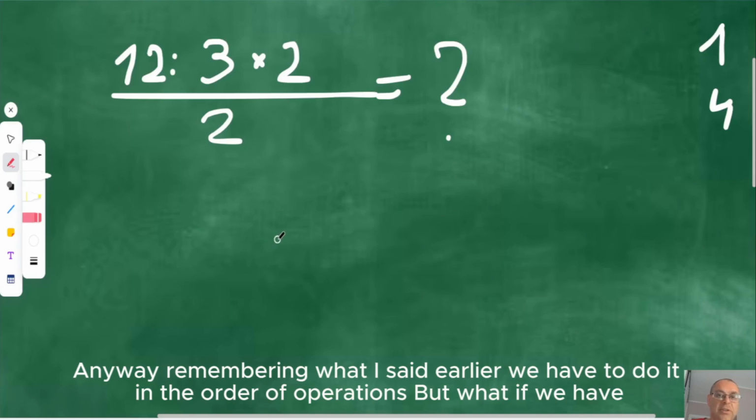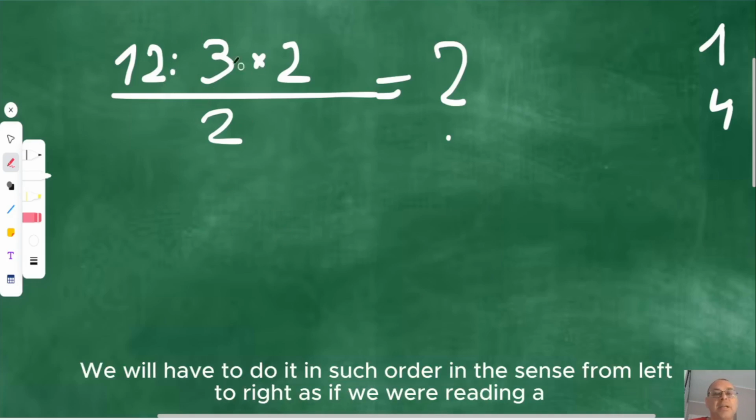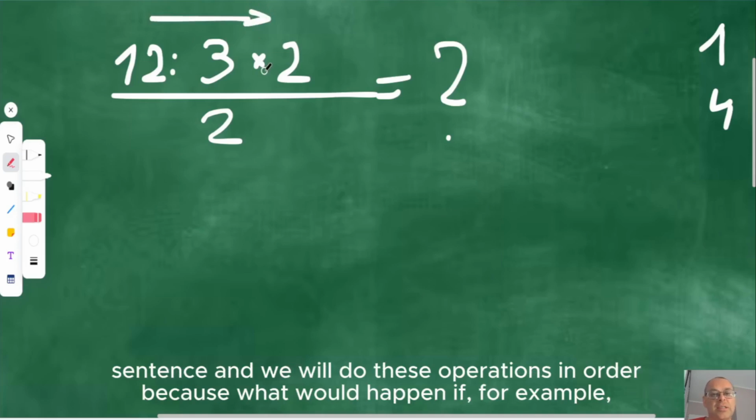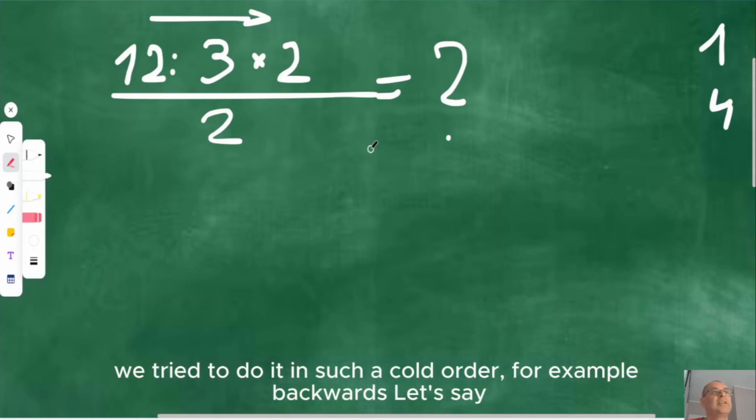Anyway, remembering what I said earlier, we have to do it in the order of operations, but what if we have, like here in this task, 2 signs in order? We will have to do it in such order, in the sense from left to right, as if we were reading a sentence, and we will do these operations in order, because what would happen if, for example, we tried to do it in the wrong order, for example, backwards, let's say.